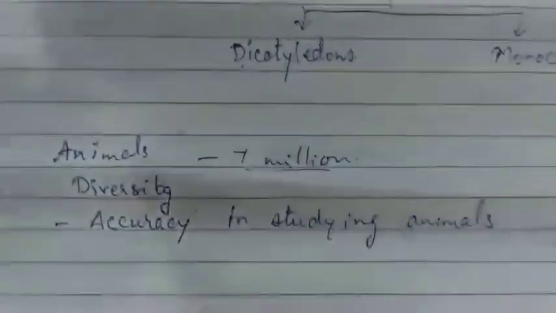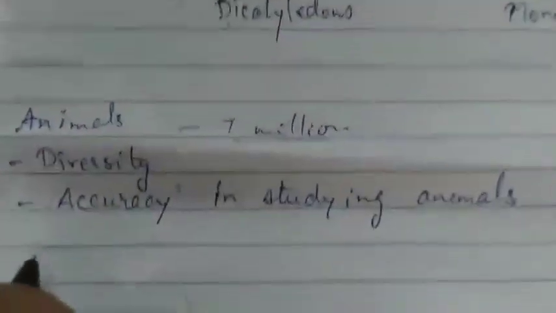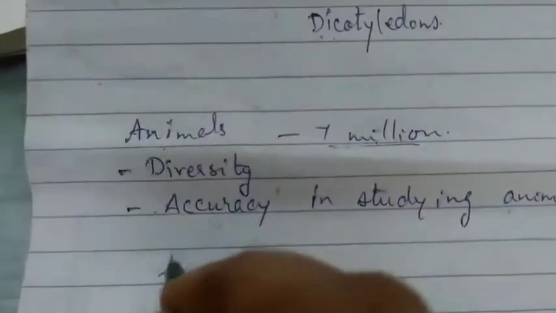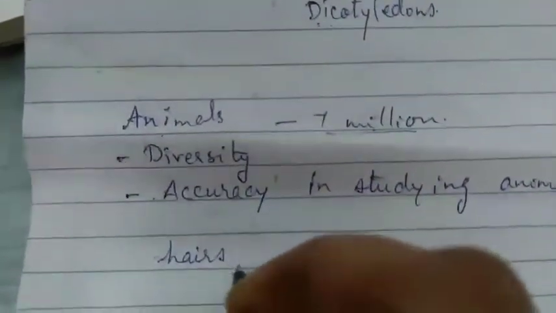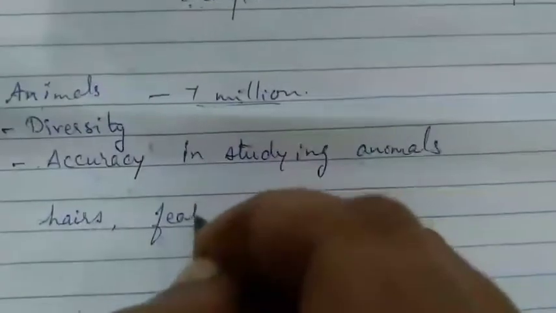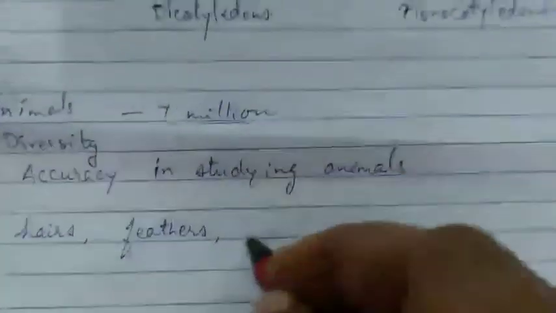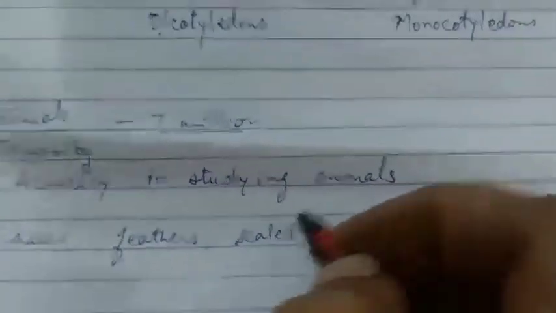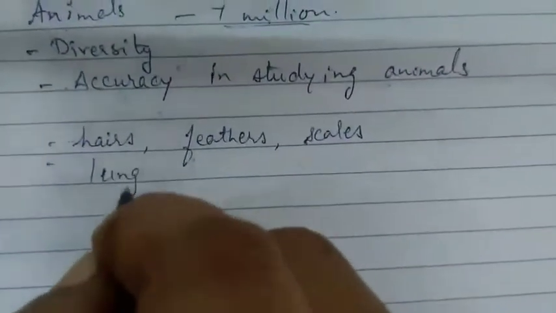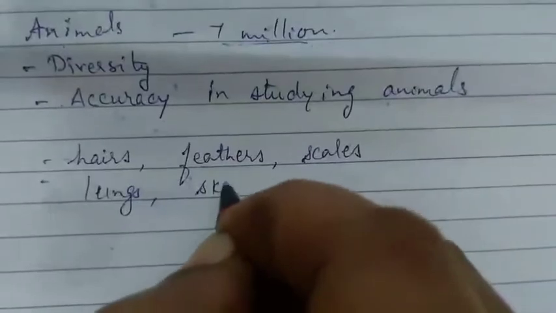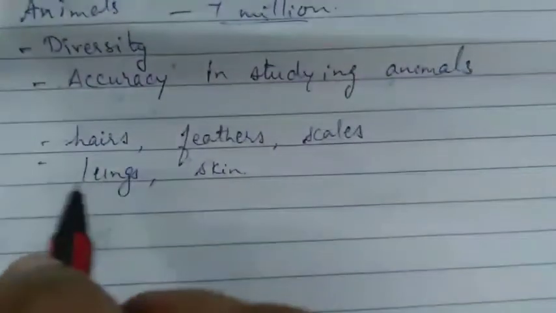there is some criteria. Okay, now some animals have hairs on their skin, some have feathers, some have scales, some have respiratory organs or lungs, some have skin.